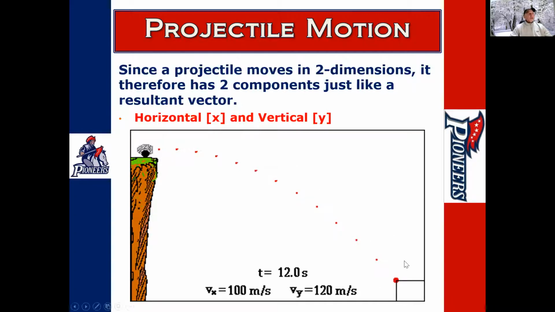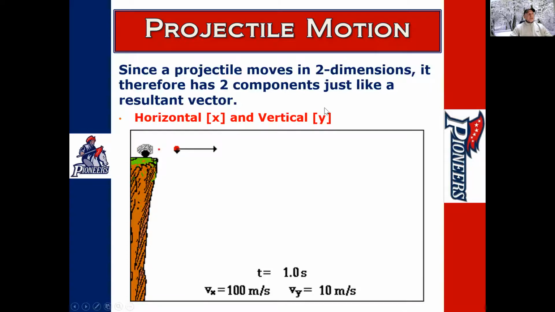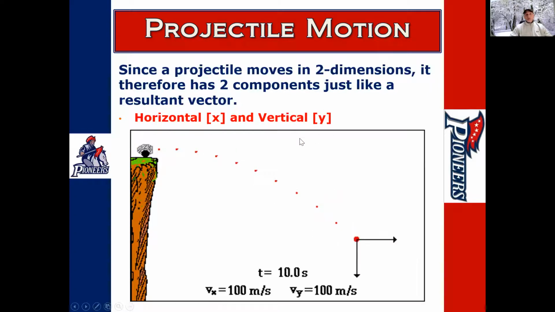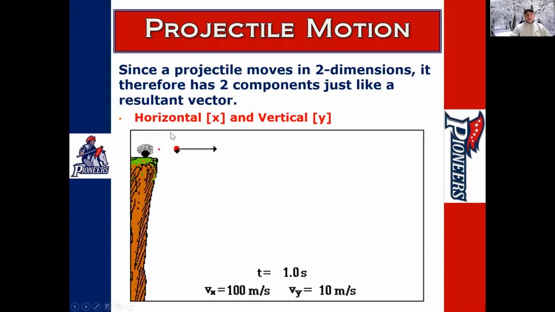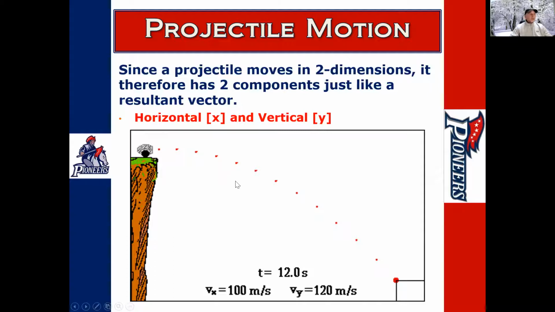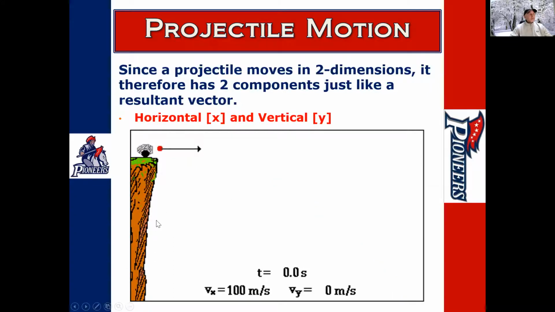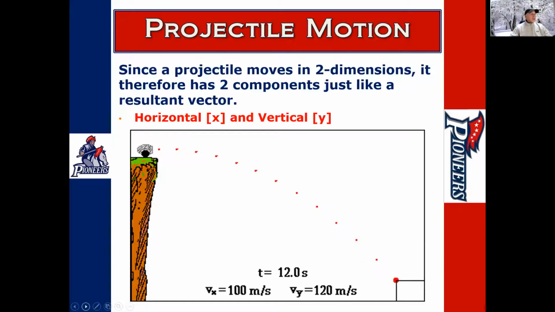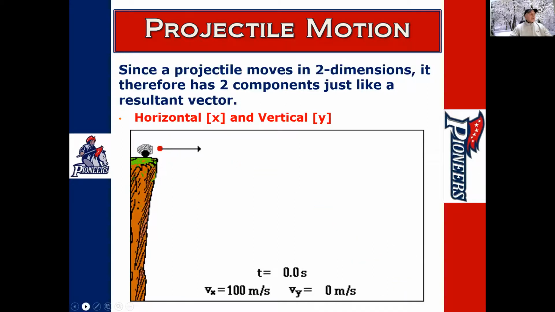And so as it falls, the vertical velocity is changing because of the force of gravity, the acceleration of gravity. The horizontal velocity is always constant. It's got uniform motion, constant velocity. So on physicsclassroom.com, there's a bunch of animations like this that help you see some of the things in action.